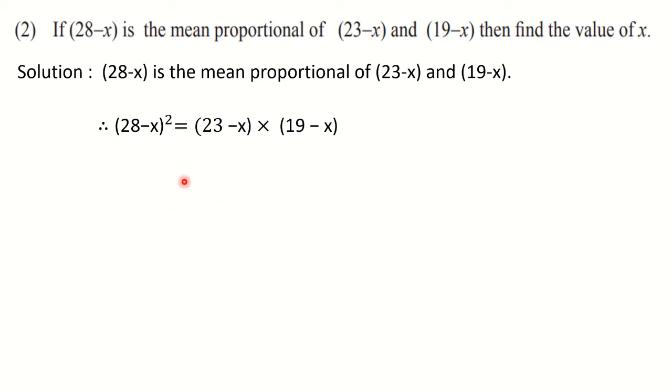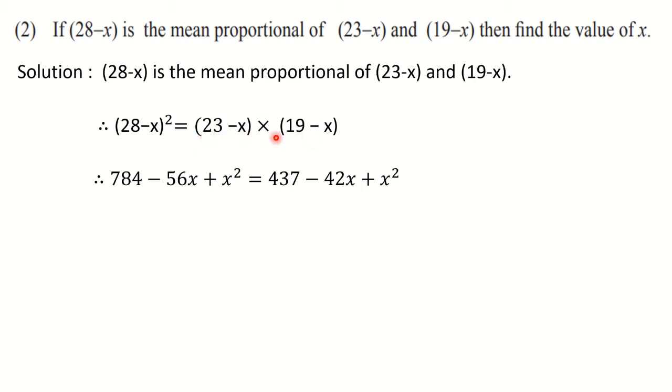See, 28 square is 784 minus 28 into 2 into x, that is 56x, plus x square. The expansion is done by using the formula a minus b the whole square, that is a square minus 2ab plus b square. And here we have used the identity x plus a and x plus b.